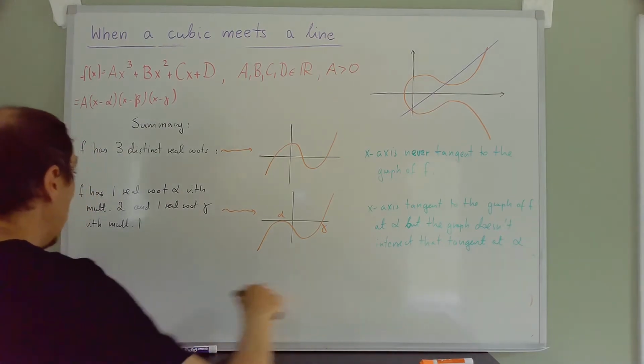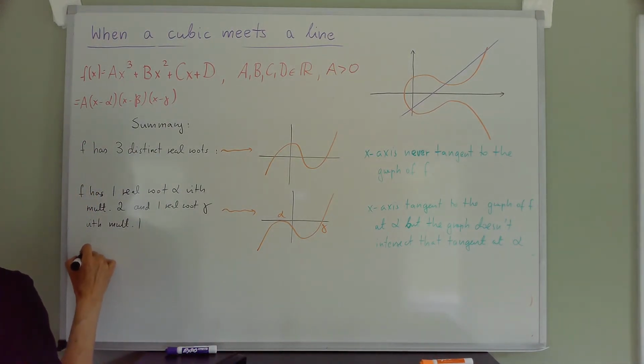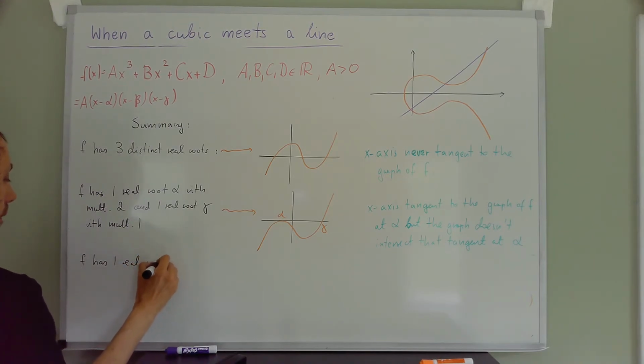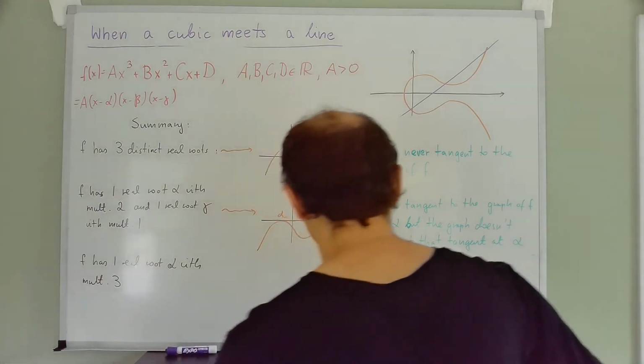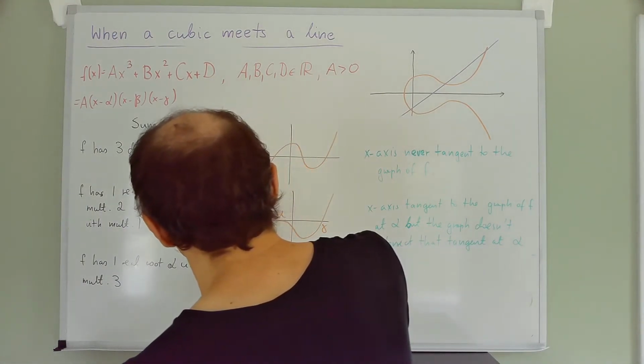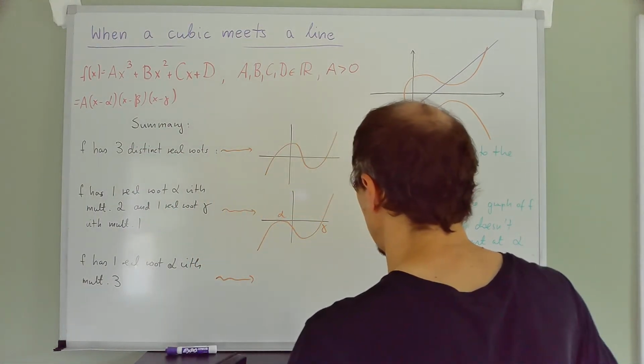Okay, and finally, f has one real root alpha with multiplicity 3. Then the graph looks like this.